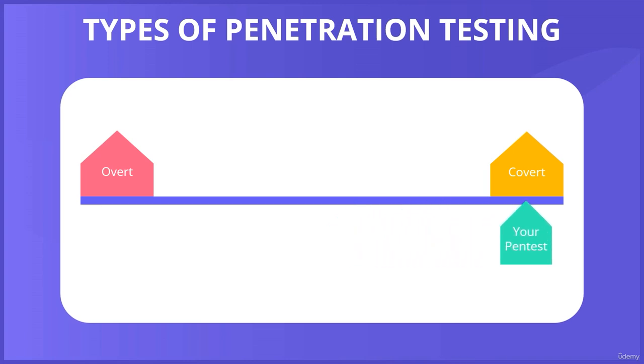Now, unlike overt, this time in a covert test environment, you are not provided any knowledge up front about the system, or maybe you have particular information for what you're going to be testing. With covert testing, organizations might evaluate their internal security team's ability to respond and might identify their detection and response operations.